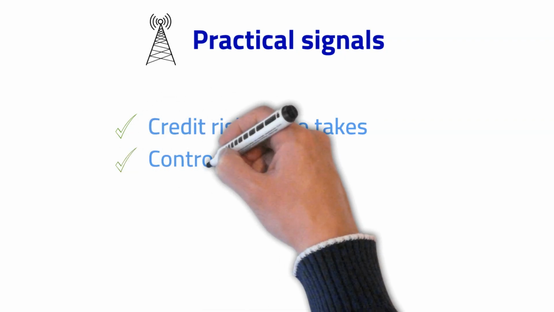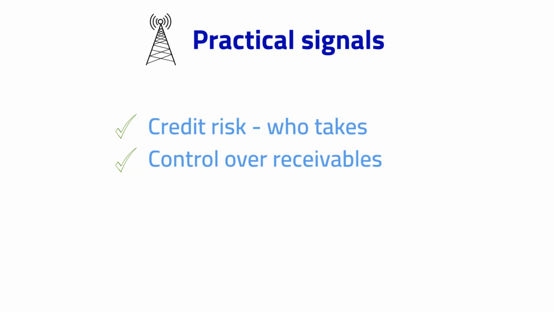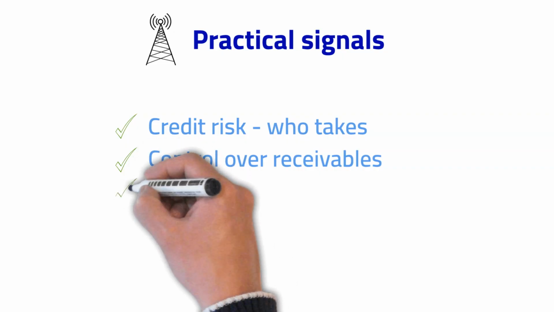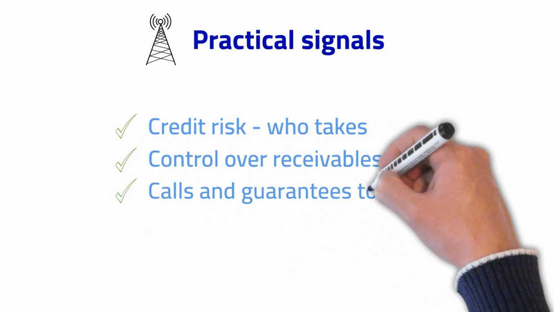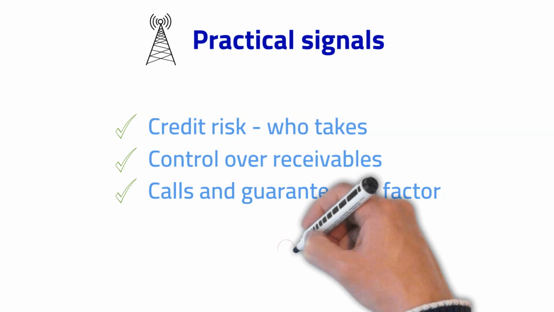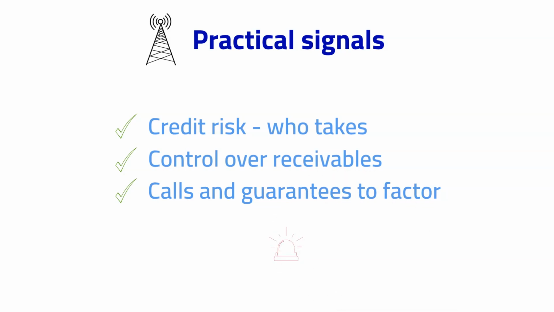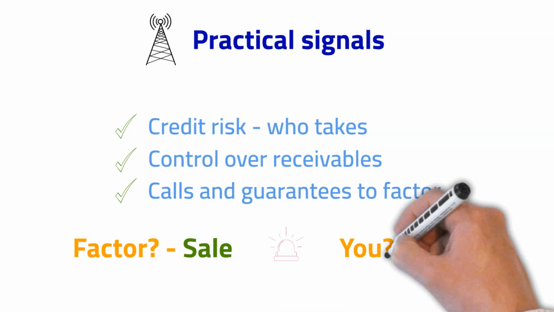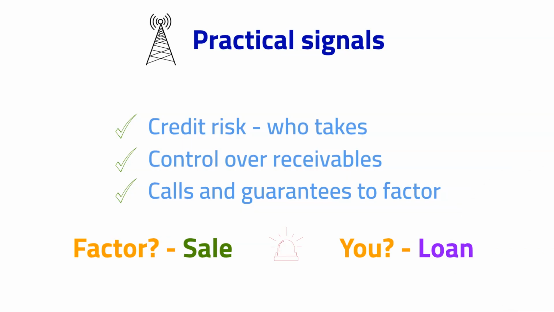Control. Can the factor freely sell or pledge the receivables without your say? Calls and guarantees. Do you give a guarantee to make the factor whole beyond normal price adjustments? If the factor takes the credit risk and controls the asset, it is often a sale. If you keep the risk through recourse or guarantees, it is often a loan.